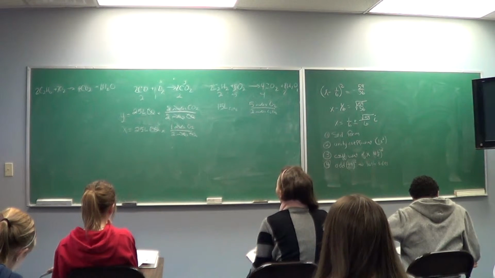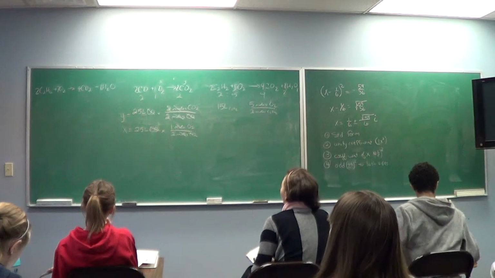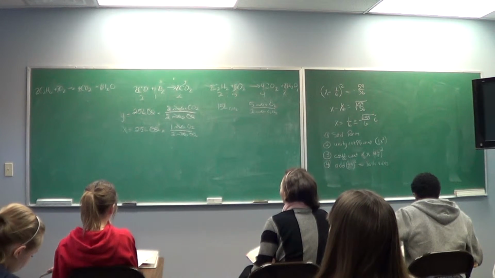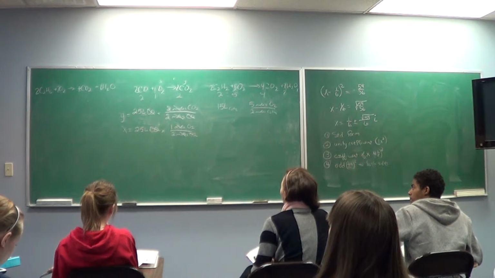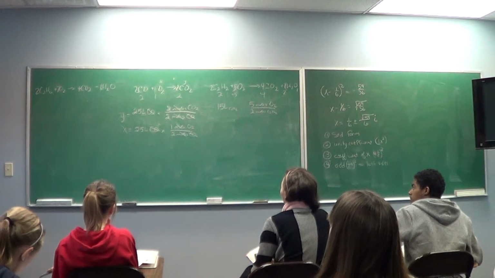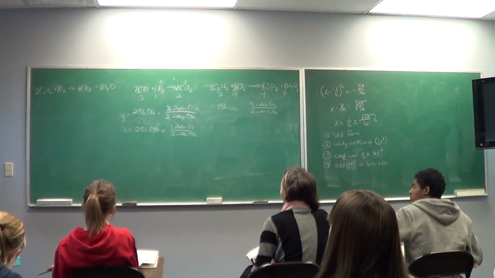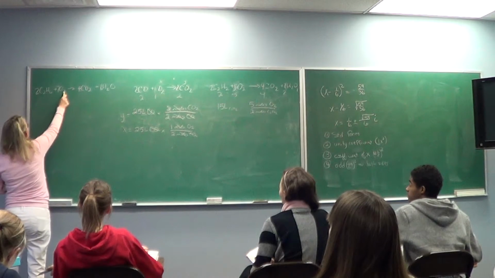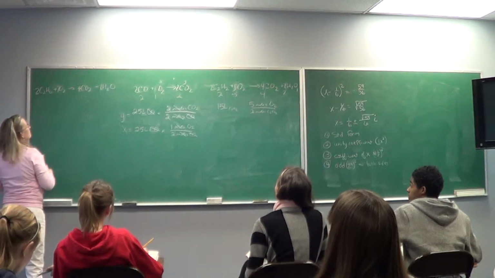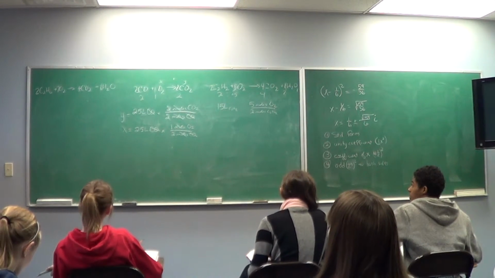You can't have an odd number if you have O2. If you have 7 O2s on one side, you have to have 7 on the other, right? I have 7 on this side, I have 2 times 7 is 14. Oh, well, 7, gotcha. So I've got 14 on the other side.